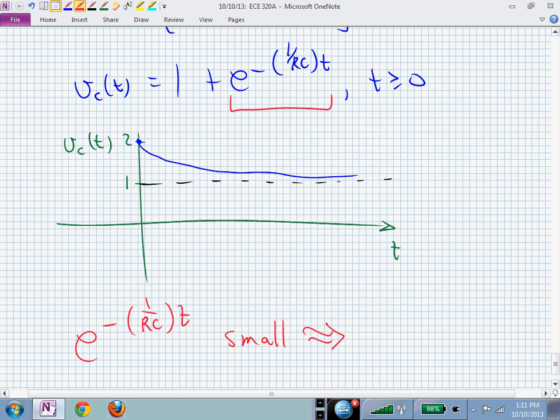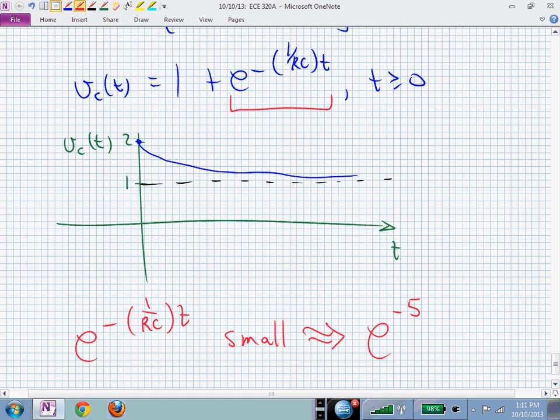And what do we mean by that? Well, typically, we might say e to the minus 5 is small. And that's 5 time constants is what that's referred to. So now we're less than 1% of that e to the minus something t. If we just had that term, that's 1.